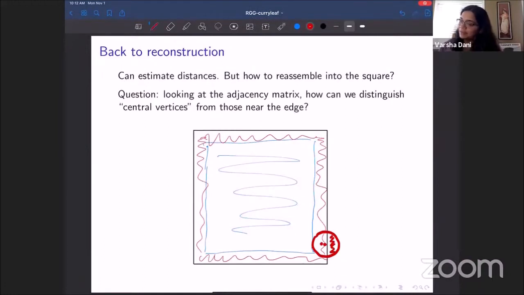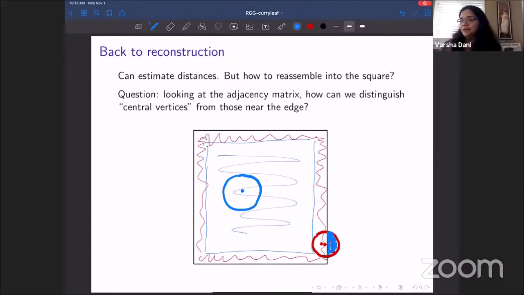And that exactly tells us how this is going to work, because points inside are going to have degree about pi r squared, whereas points on the edge are going to have degree that's smaller, corresponding to how much of the circle around them did not have any neighbors.